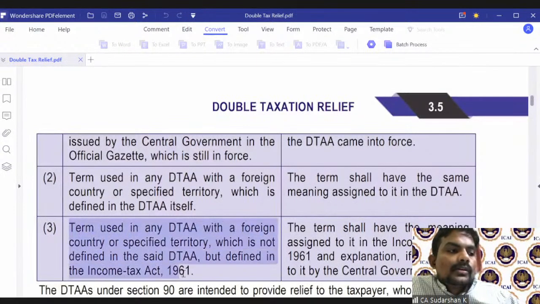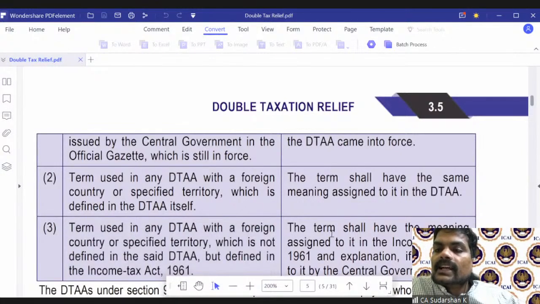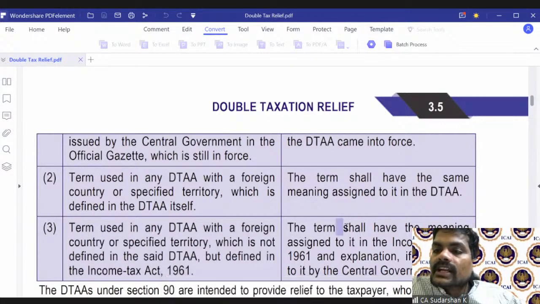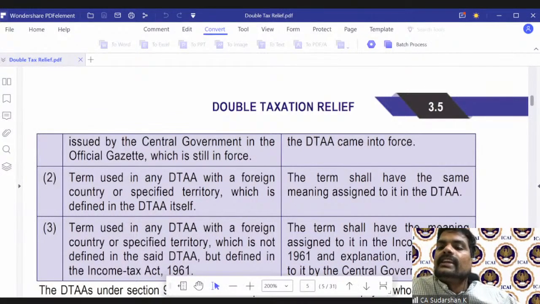Term used in any DTAA with a foreign country which is not defined. So place of effective management is not defined in the treaty, but if it is defined in the Income Tax Act, then the term shall have the meaning assigned to it in the Income Tax Act and the explanation, if any, given to it.